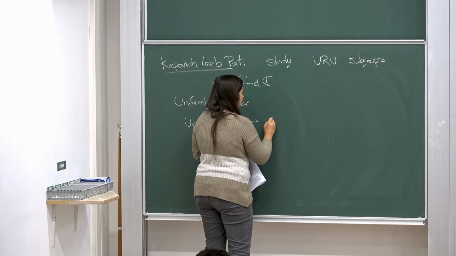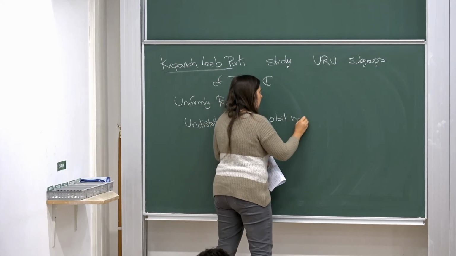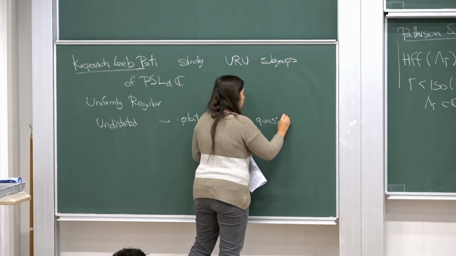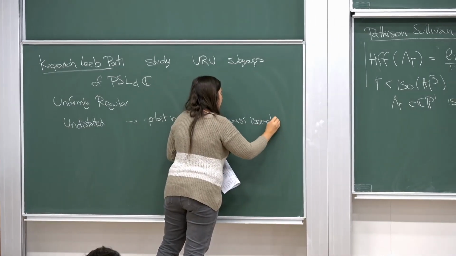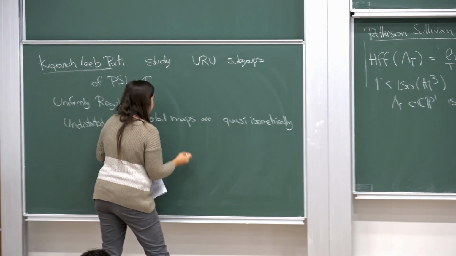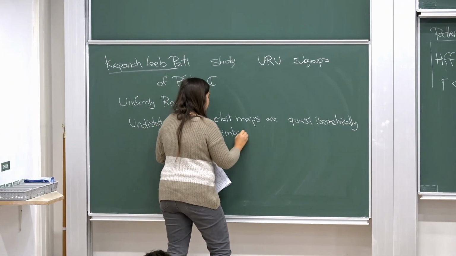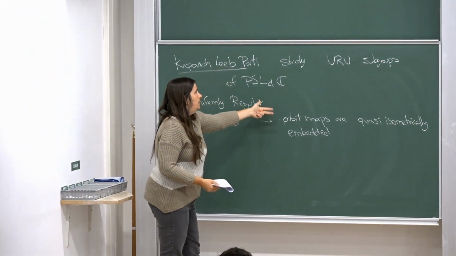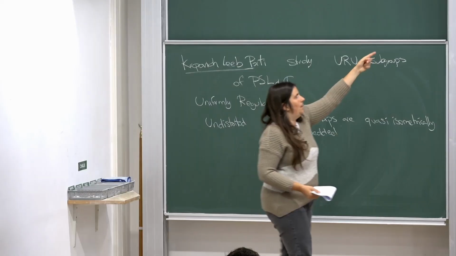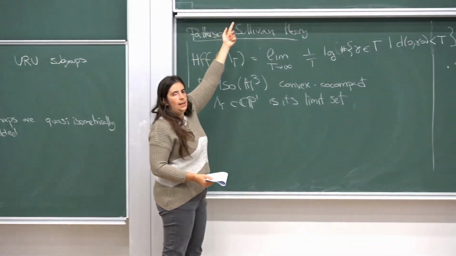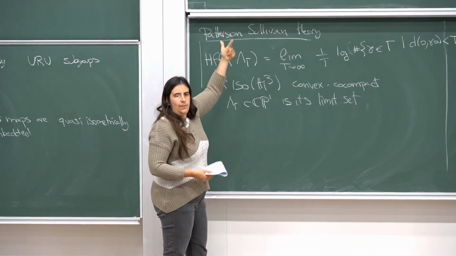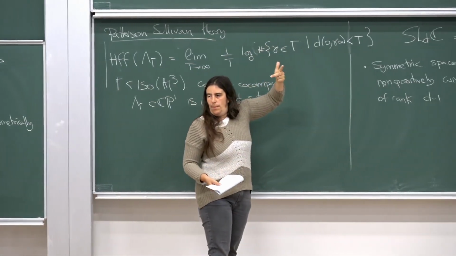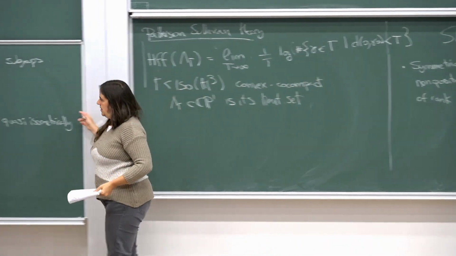So the orbit maps are QI embeddings, which in the case of PSL(2,C), via Mostow-Schwarz, is the same as being convex cocompact. So this is one condition.